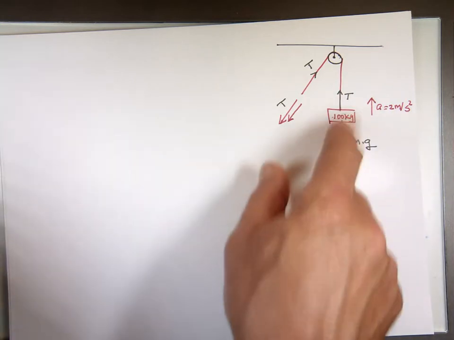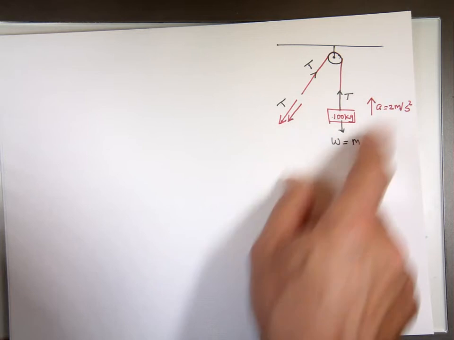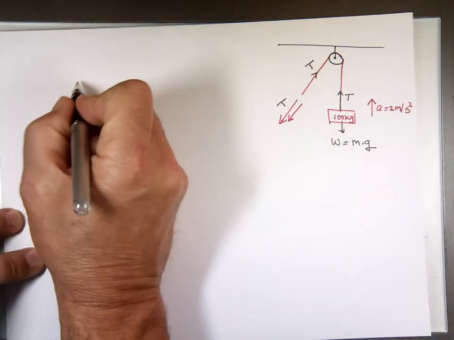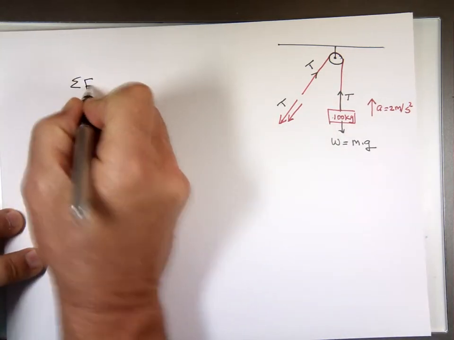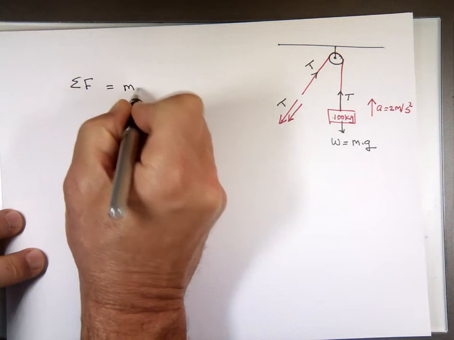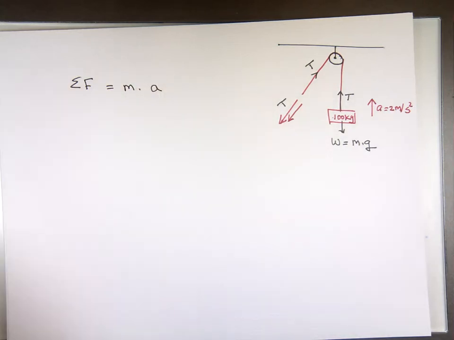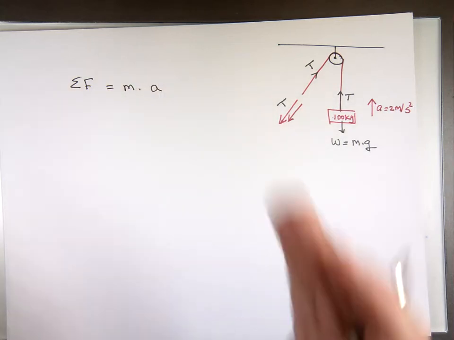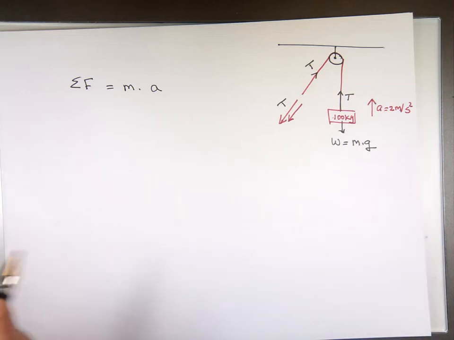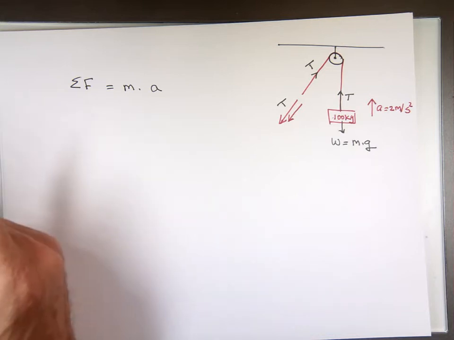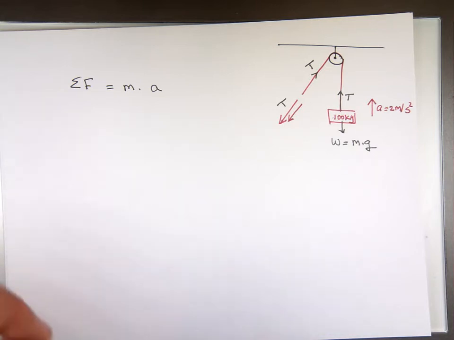So now we look at this box. It's moving upward. So Newton's second law says the net force equals mass times acceleration. Well, the fact this is moving upward, what's the net force? What do we have for net force?